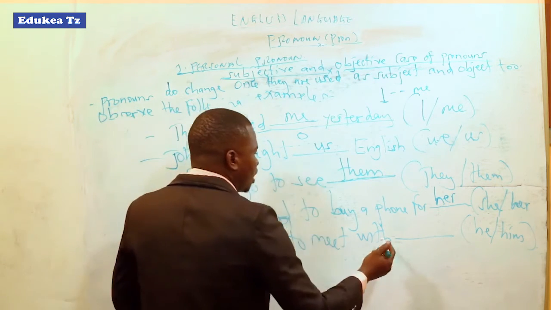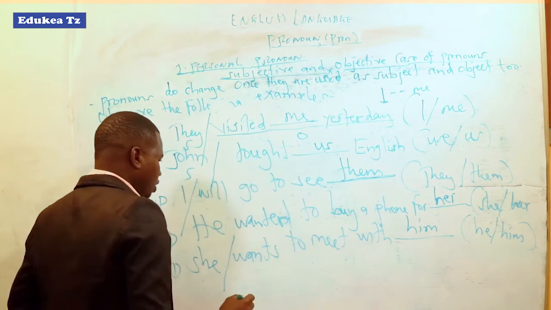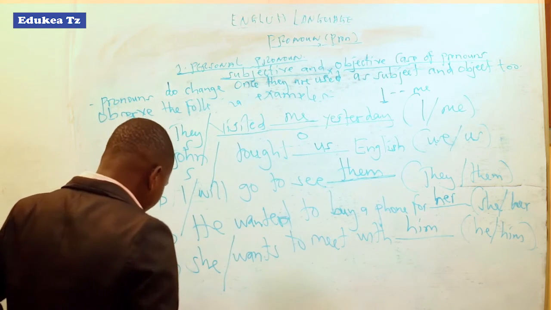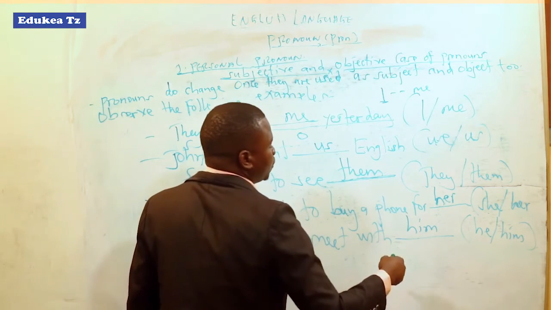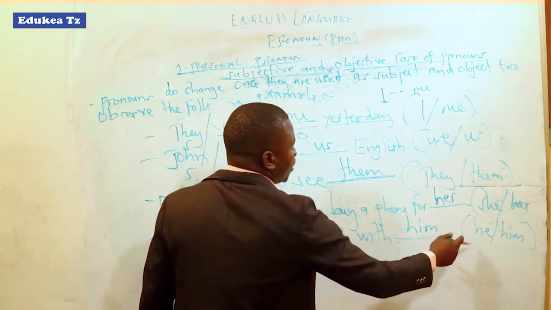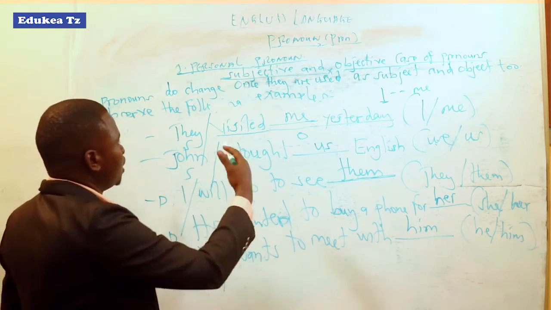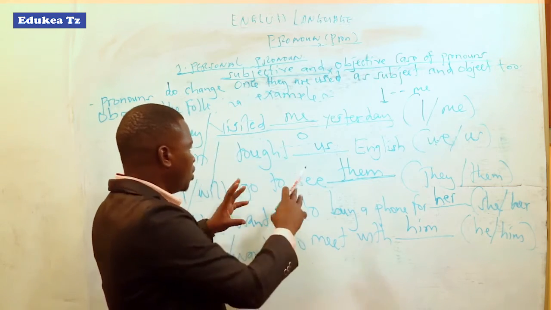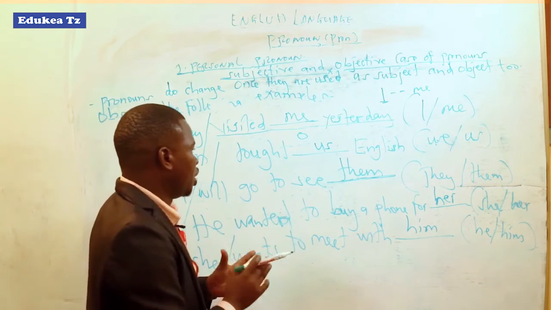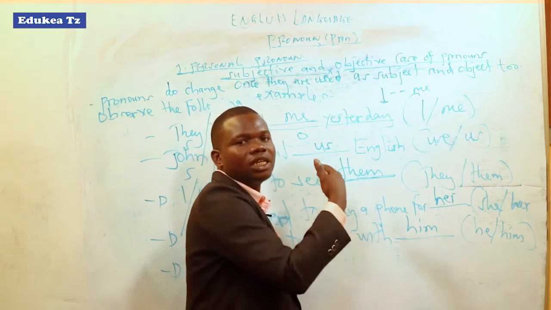So our answer here will be him. Then, she wants to meet with him, simply because this him is the objective case of the pronoun he. So these are just a few examples of how these pronouns change from being used as subject and object.